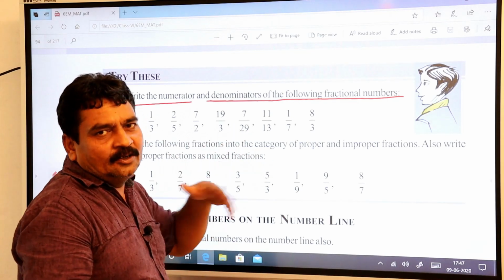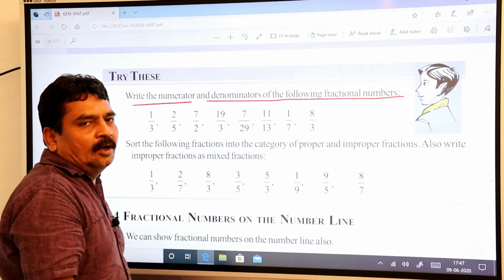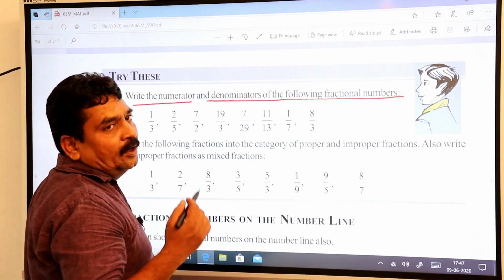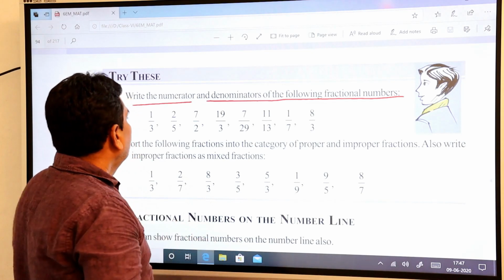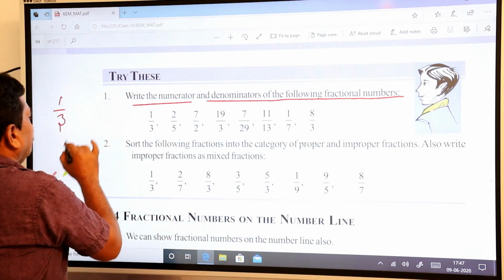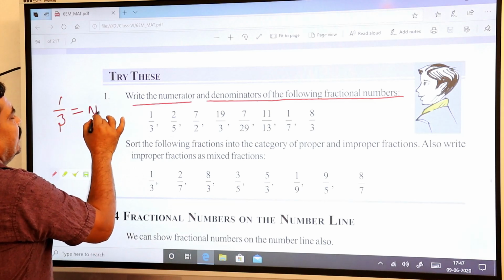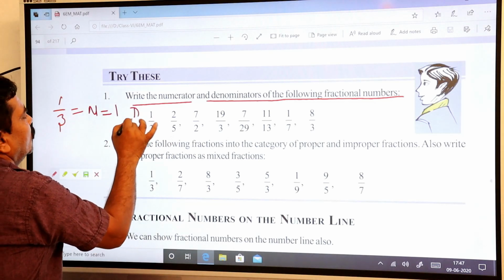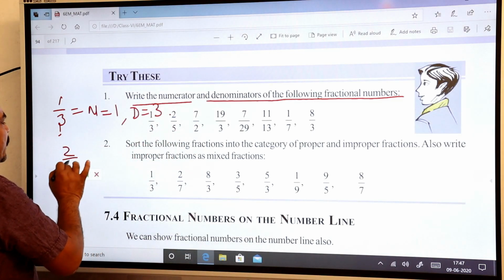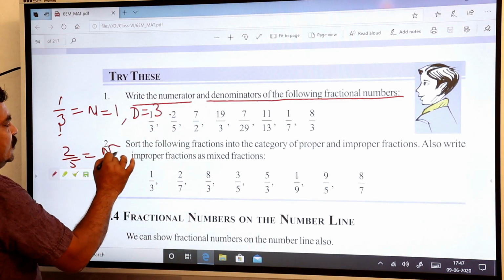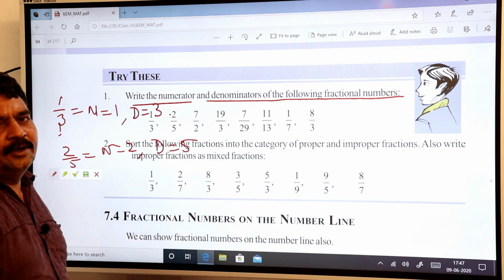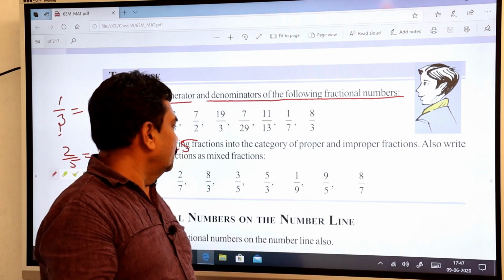You have to just write down the numerator values and denominator values. How are you going to do it in your notebook? Take the first one as 1 by 3. Numerator is equal to 1, denominator is equal to 3. Second, take 2 by 5. Numerator is equal to 2, denominator is equal to 5. In that way you are going to do the problems.